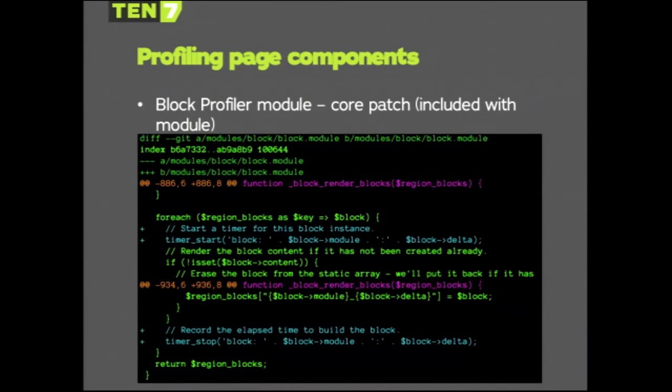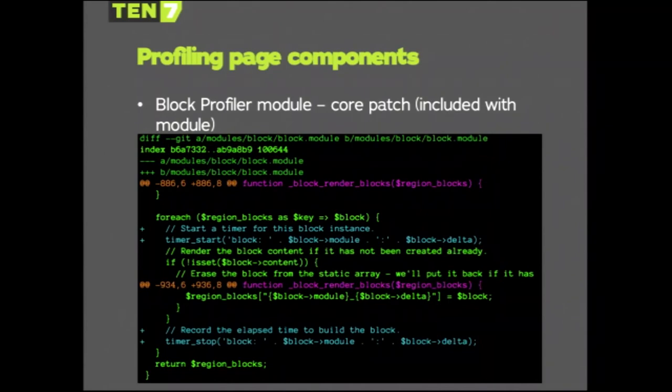But I would argue that when you're developing, it's okay to put timing functions into core, into contributed modules when you need to gather data about what those things are doing. You obviously wouldn't want to commit this to your production code base, but I don't think that you should be worried about killing kittens when it's for the purpose of development and gathering good information about what it is that your code is doing.